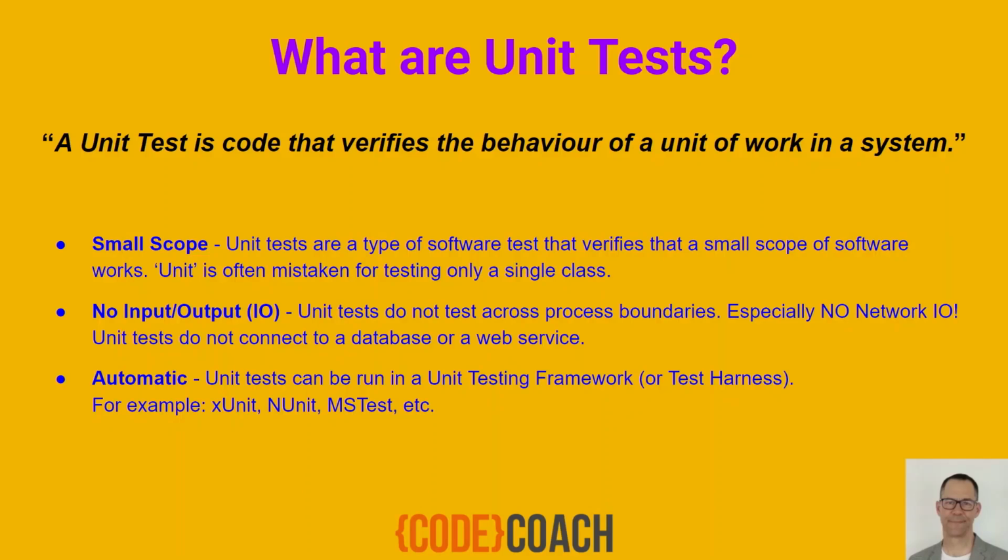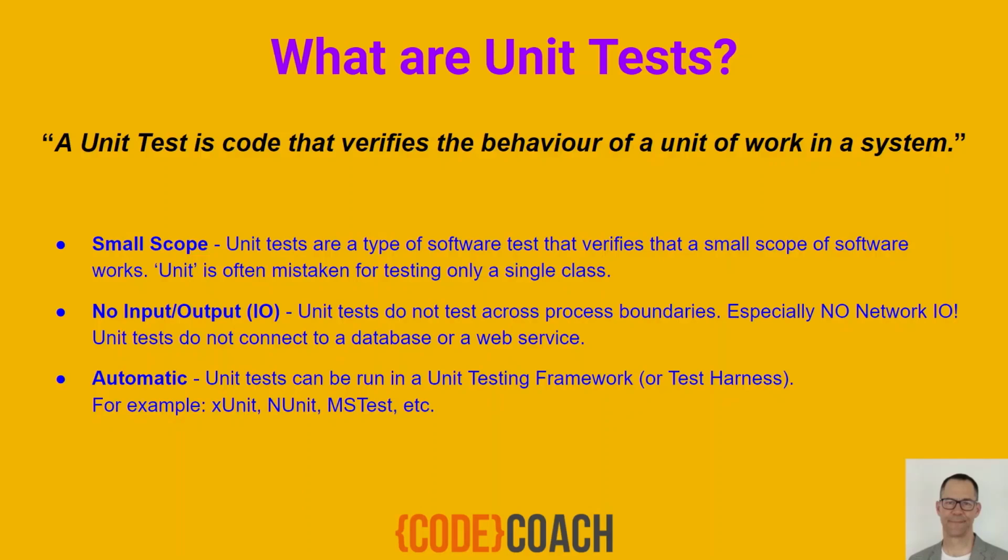A unit test is code that verifies the behavior of a unit of work in a system. What does that mean? The unit of work means that it's just a small scope of the system, a very small part of the entire software system or program is what we're testing with a single unit test.